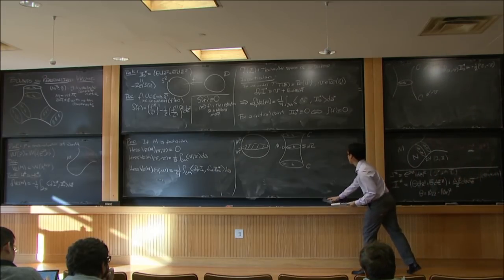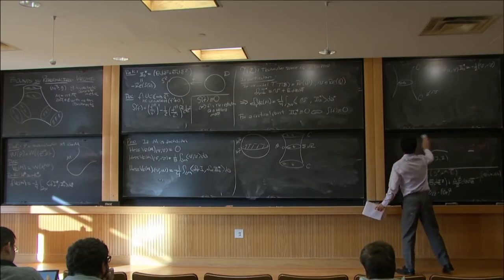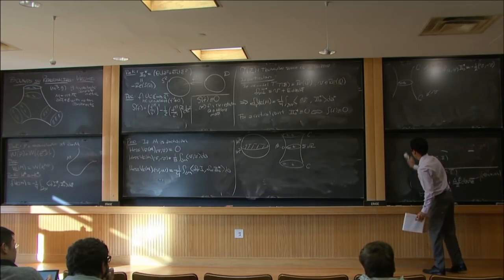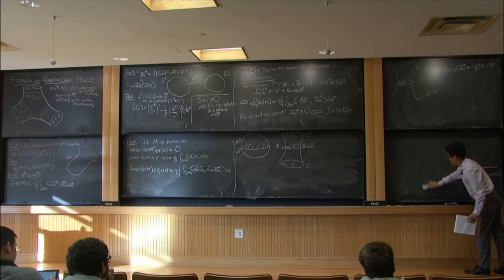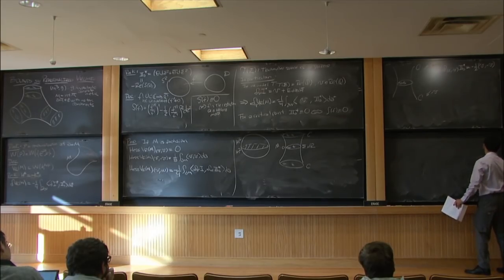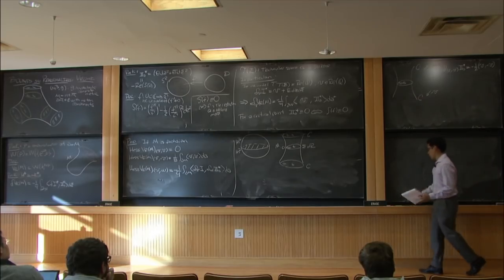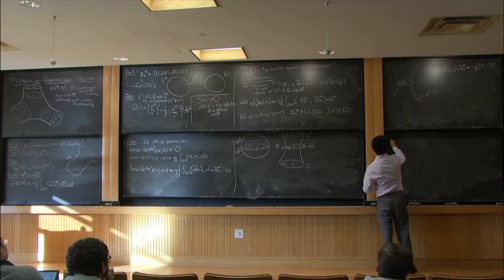So now what happens with the behavior of critical points that are not Fuchsian? I should say, theorem.